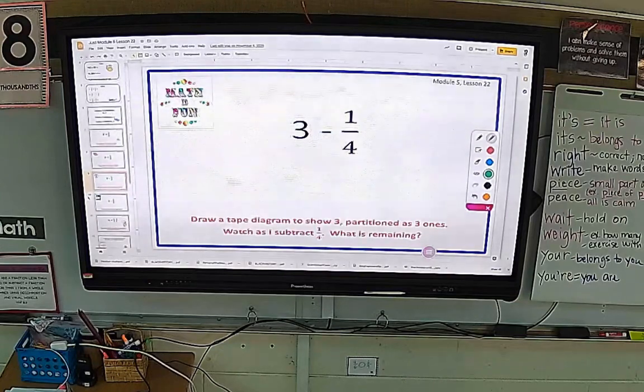Yeah. So I drew 2 whole ones, and then on my last hole, I cut it into 2 parts. You cut it into how many parts? 2. And then I would show 3 holes. Okay. So you're showing it already gone, like what would be left.